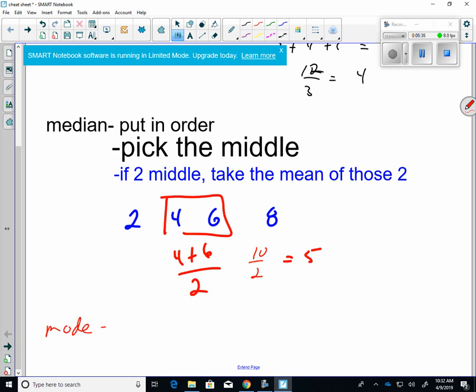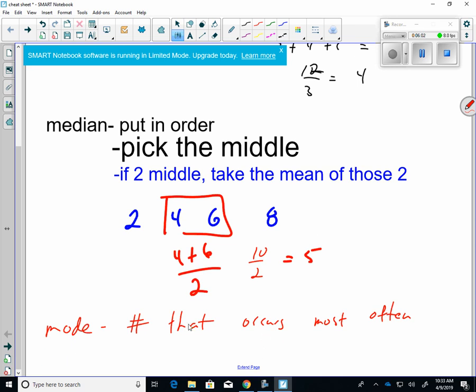Mode. It's simply the number that occurs most often. Which one is the most popular? Which one shows up the most? We haven't got an example here, right?